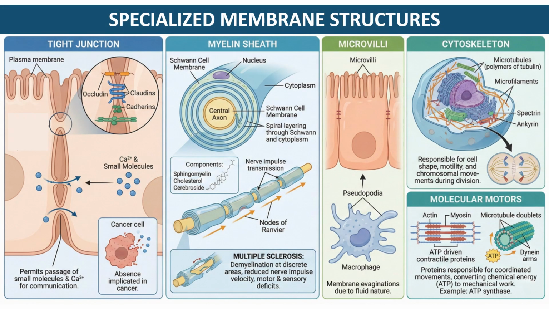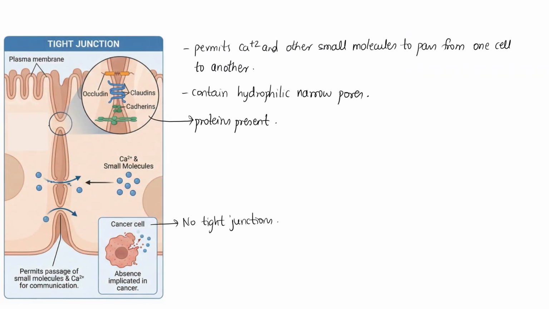Now coming to the final part of the plasma membrane, the specialized membrane structures. First one is tight junctions. Many people think that tight junctions cannot allow transfer of any kinds of molecules, but that's not true.